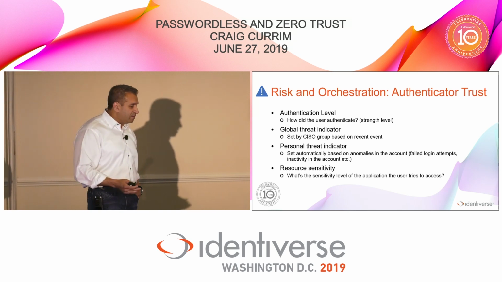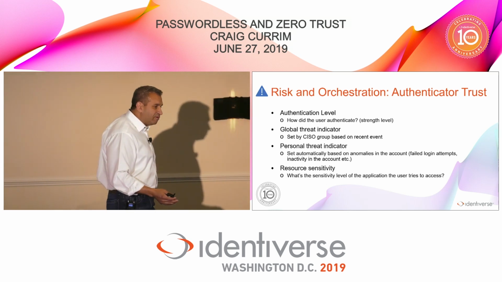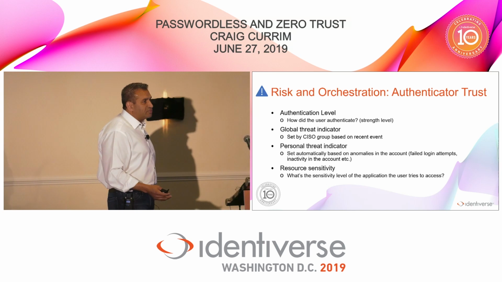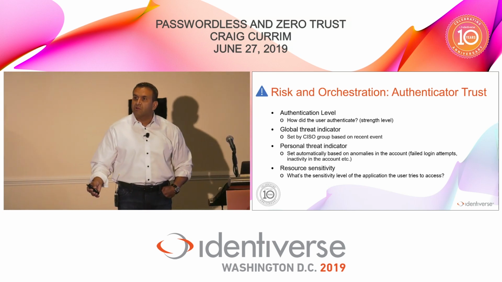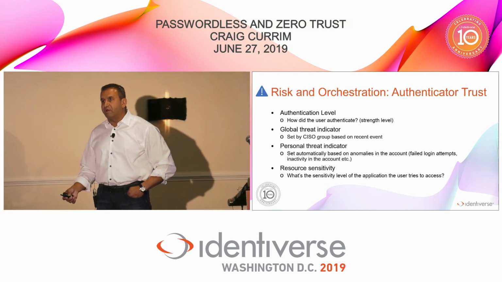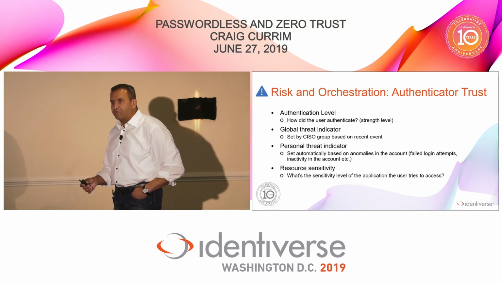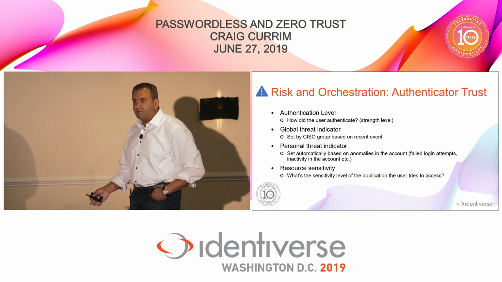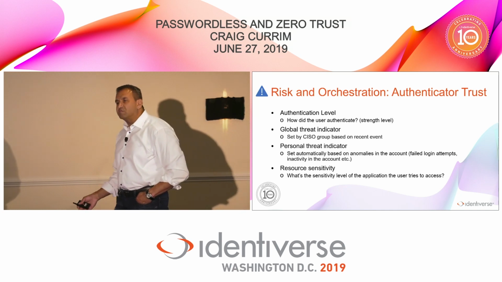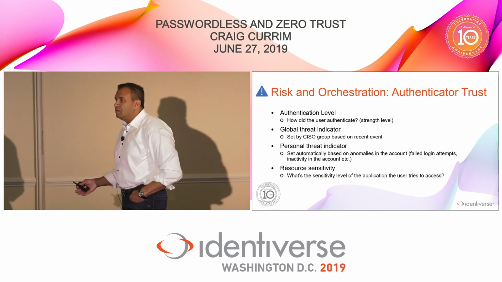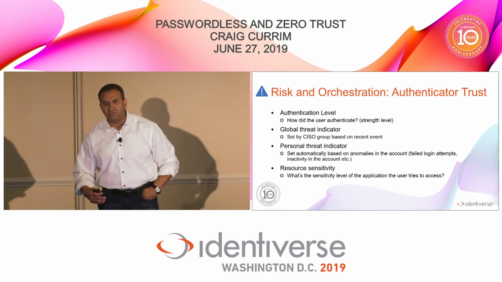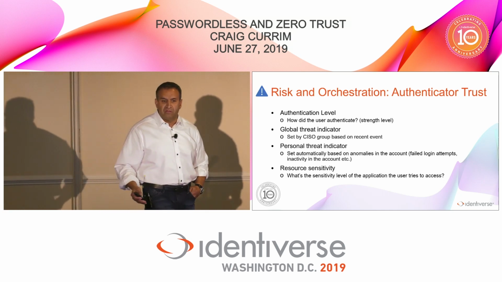If Craig is coming in and he registers a fingerprint on an iPhone and he's been using that for 6 months, maybe that's a level 200. Now I register an Android device and enroll a fingerprint. Is that a 200? I just did that. Maybe that's 50. It's not a trusted device yet. It's not a trusted modality. If I get the PIN code, I can enroll someone else's fingerprint. Is that even Craig in the first place?